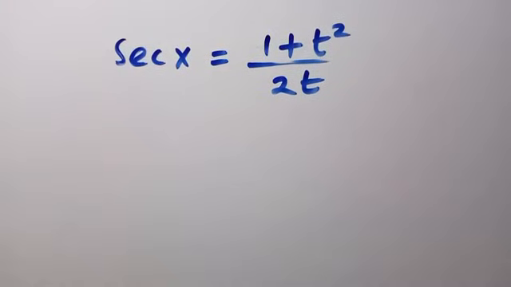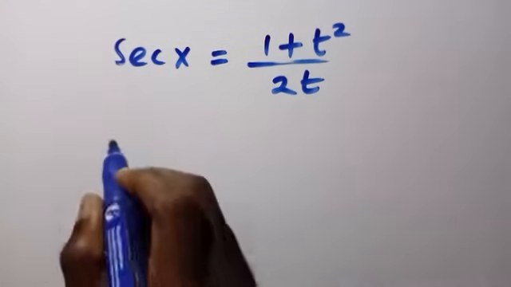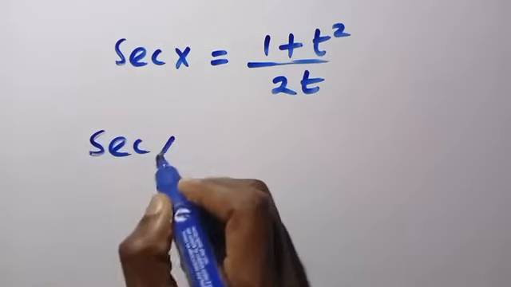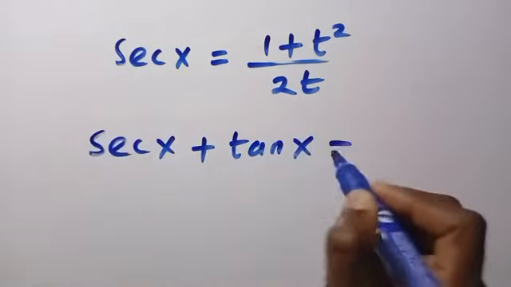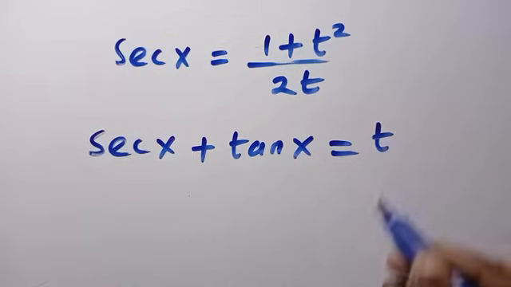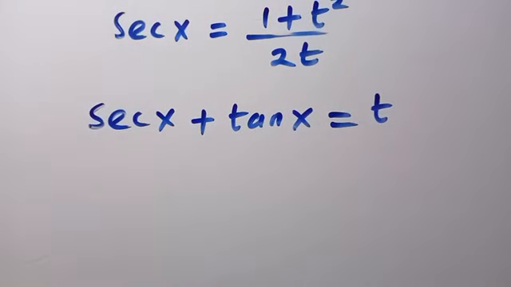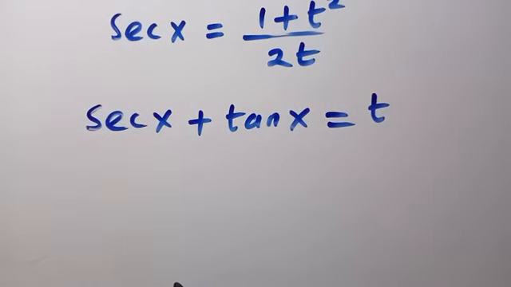Considering one of the two equations above, let me recall equation 1, which says sec x plus tan x equals t. And sec x is 1 plus t squared over 2t.